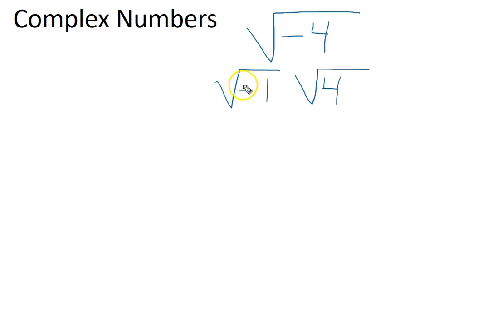Then we could use this symbol, the square root of -1, and instead of writing it this way, replace the square root of -1 with the letter i.